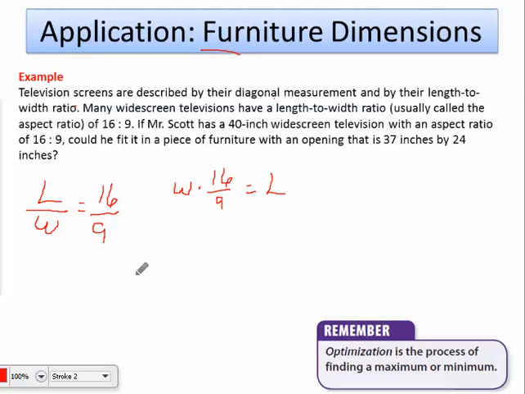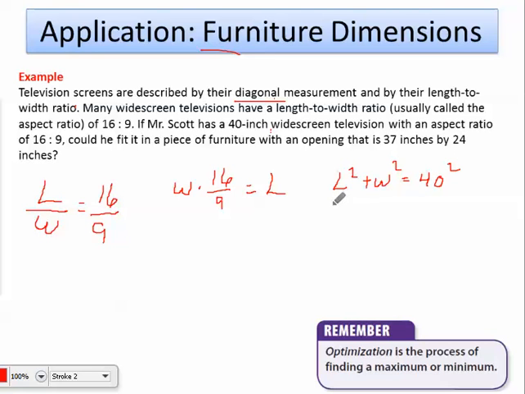Okay? That's one way of writing that. So, Mr. Scott has a 40-inch television screen. When they say 40-inch television, what they're actually giving you is the diagonal measurement. That means the length squared plus the width squared is equal to 40 squared.